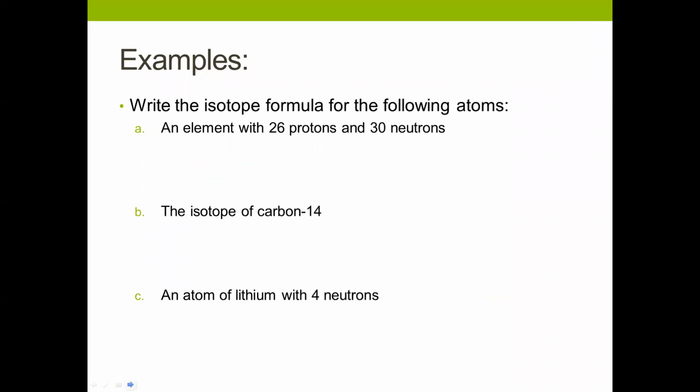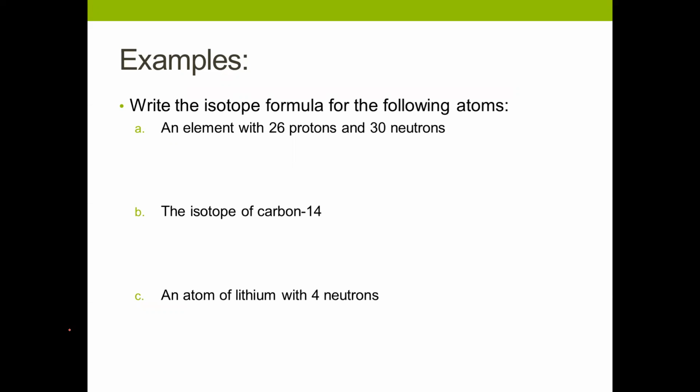For the first one, we need to write it for an element that has 26 protons and 30 neutrons. Right away, the protons tell you which element it is. Which element has 26 protons? Iron, and the symbol for iron is Fe. It is not Ir.